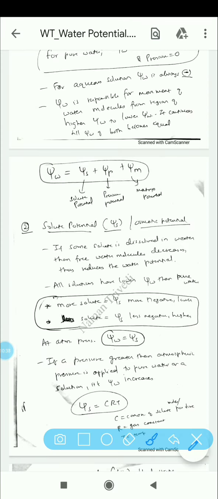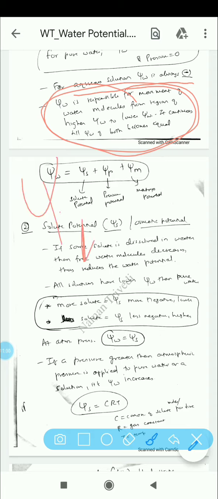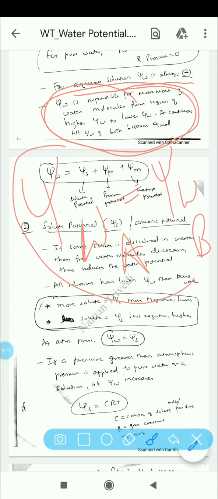Now for a liquid or aqueous solution, we always consider psi W as negative, because it is responsible for movement of water molecules from a region of higher concentration or higher psi W to lower psi W, and the movement will happen till both the solutions have equal psi W. So let's say this is psi W A and this is psi W B. If both are separated, then the movement will continue till the water potential of both the systems becomes the same.